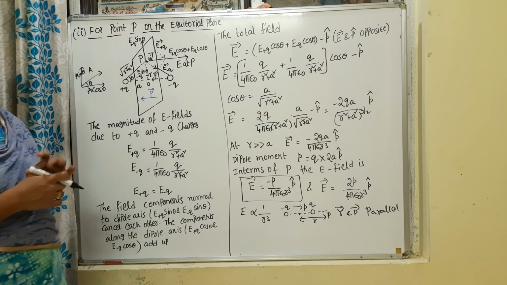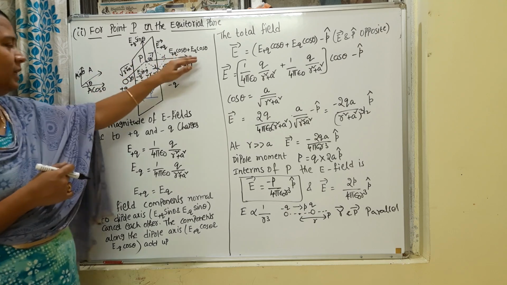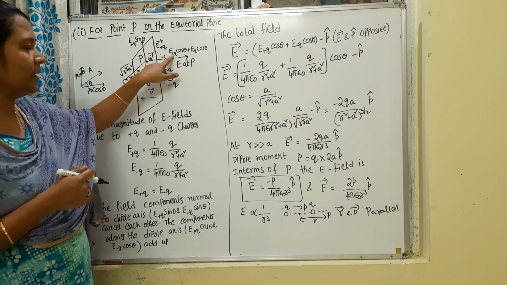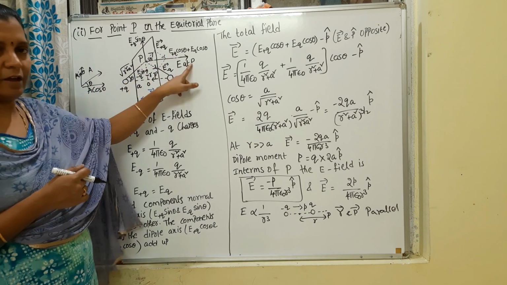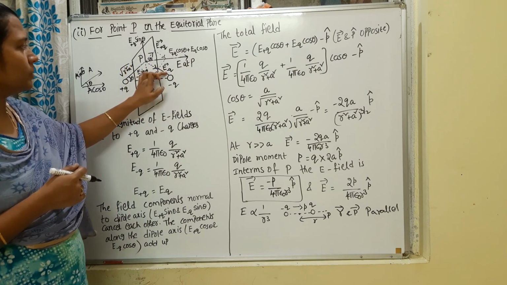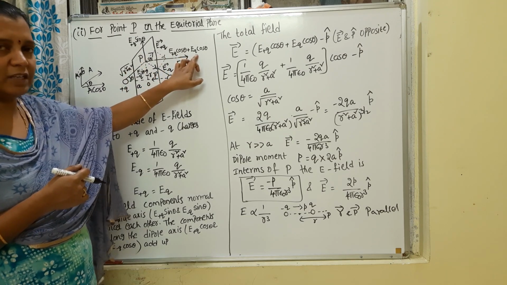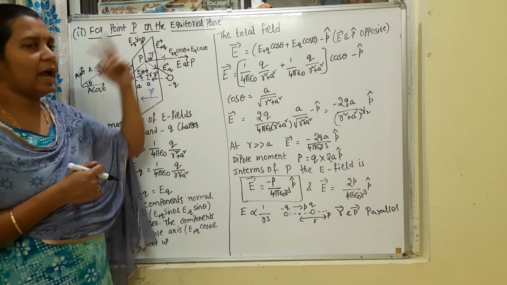They cancel out. Now what about the horizontal components? So the components which are lying along the axis of a dipole. And similarly, the electric field due to minus Q, if you resolve, the horizontal component will become electric field due to minus Q cos theta. So they get added up.